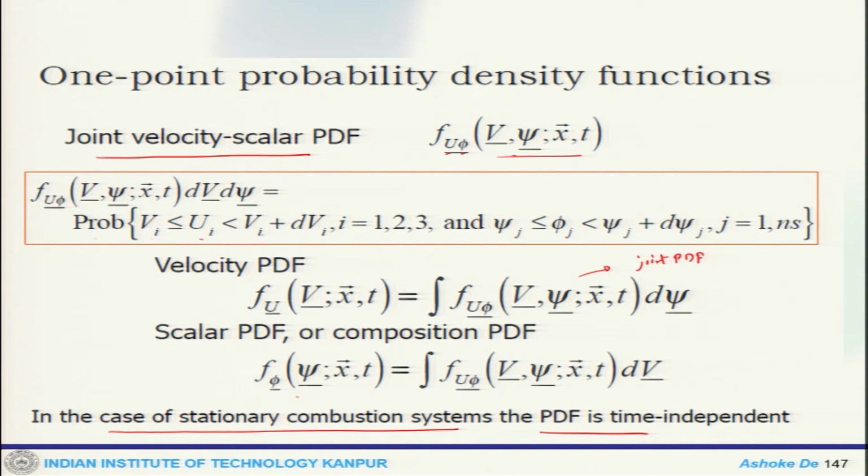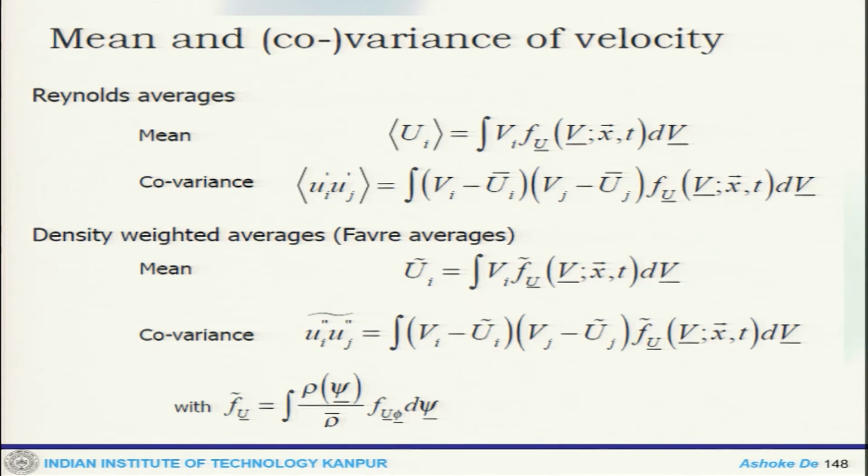Now, once we look at this joint PDF, we can see these different components after Reynolds averaging. So, there would be the mean, there could be covariance and so on. The mean quantity we can find out, this is the mean which is within the bracket like this. This is the integration of the velocity times the velocity PDF over the velocity space.